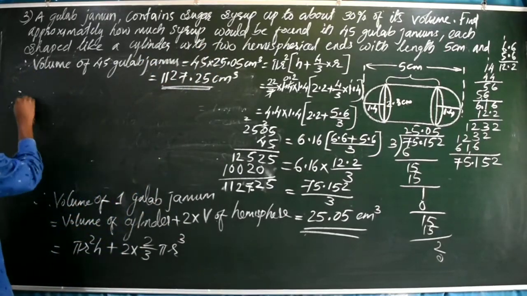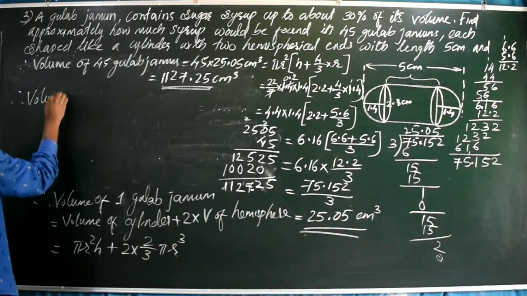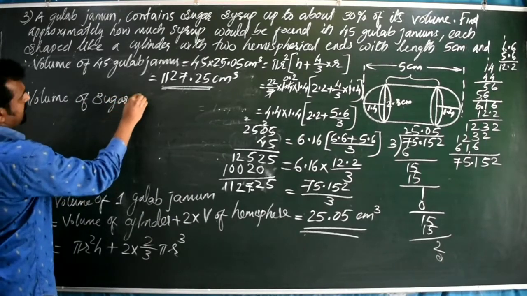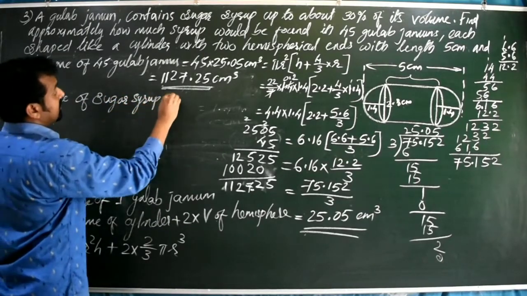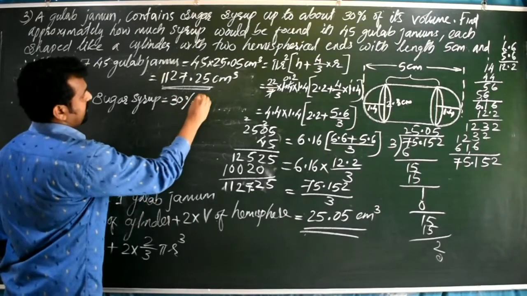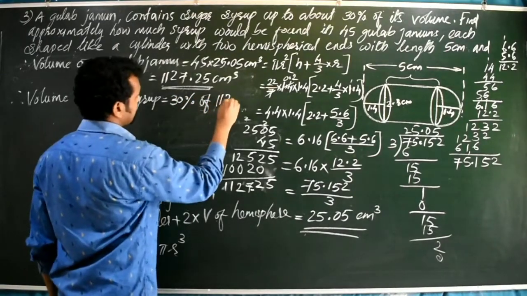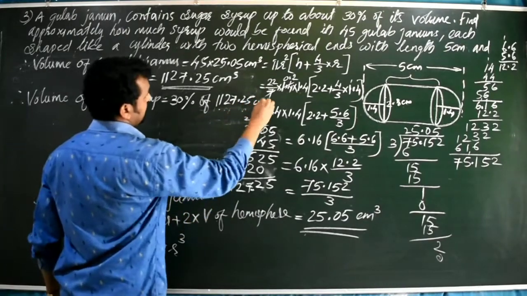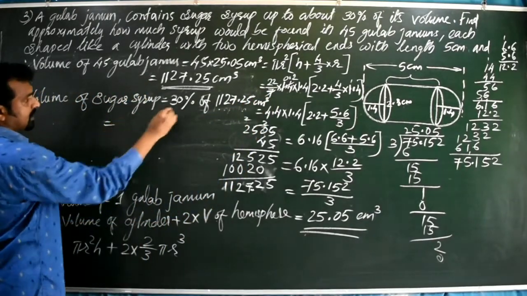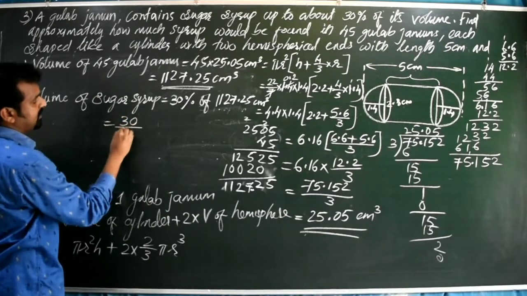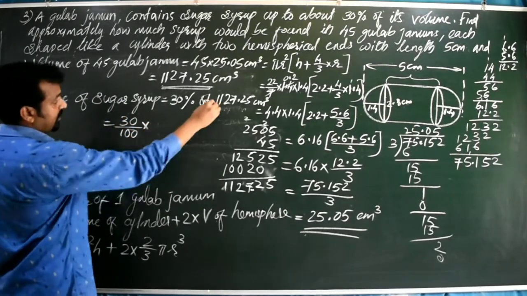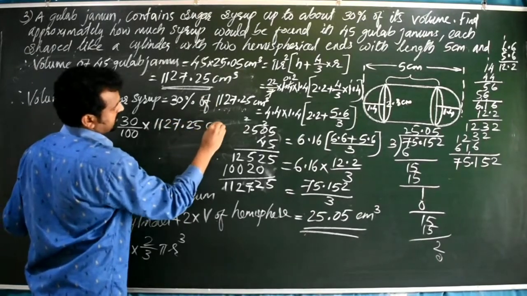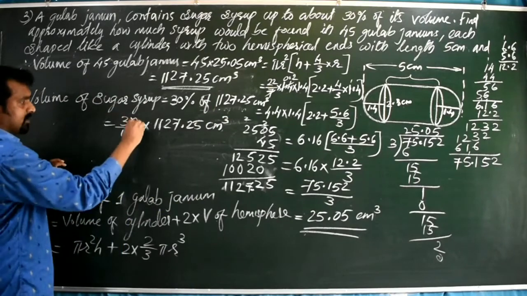Therefore the volume of sugar syrup is equal to 30% of 1127.25 centimeter cube. 30% means 30 divided by 100 into 1127.25 centimeter cube. Now 0 we can cancel here.